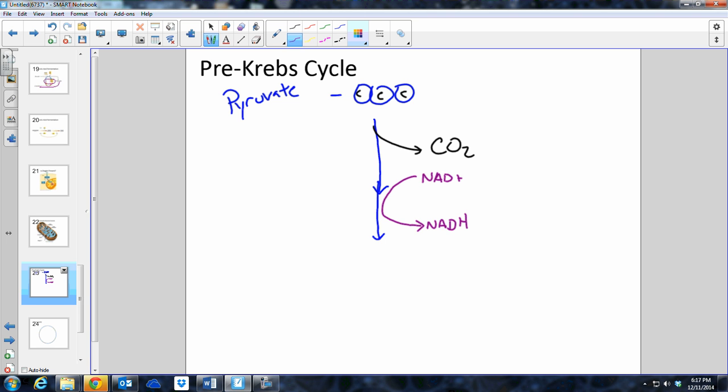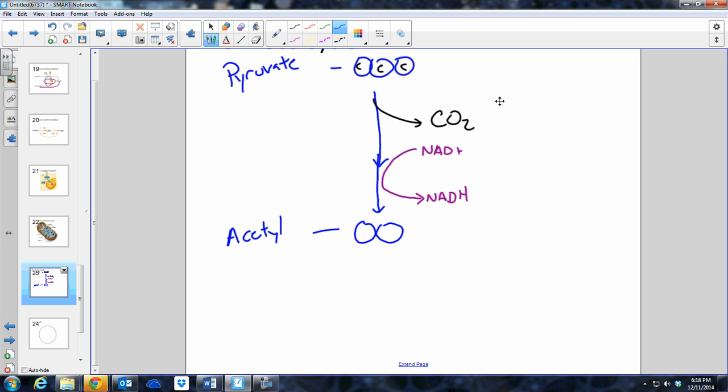And NADH is now headed off to the electron transport chain, along with all of the other electron carriers. If we create an electron carrier in this process, it's always headed to the electron transport chain. And so at this point, we have two carbons left, and this molecule is going to be called acetyl. And that's going to help us when we understand what's going to happen next.